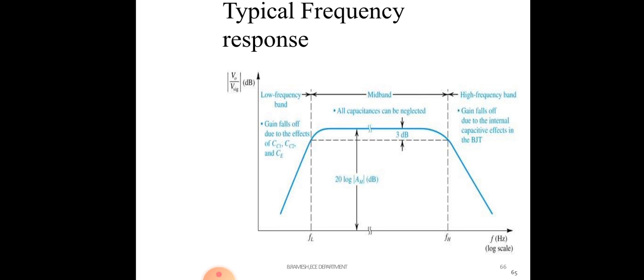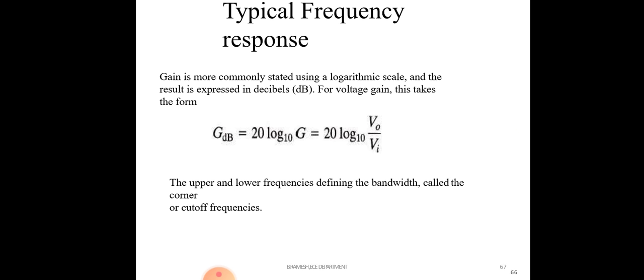Coupling capacitors are about 10 microfarad, and the bypass capacitor range is 100 microfarad. Based on the reactance at these values, your voltage gain varies with frequency. So this is the frequency response of a common emitter amplifier.